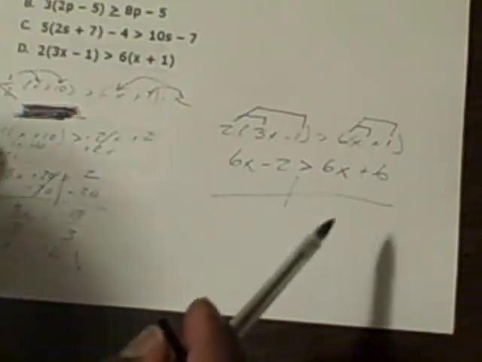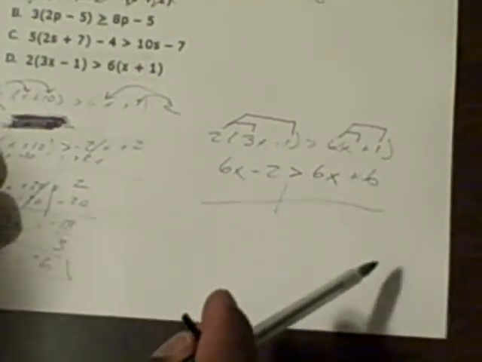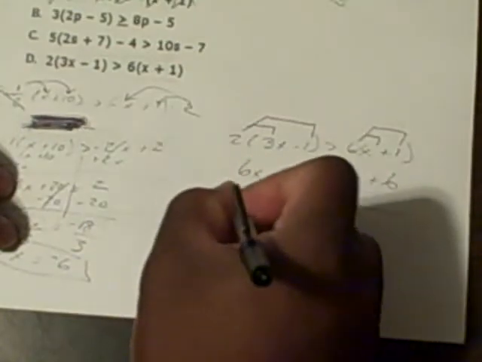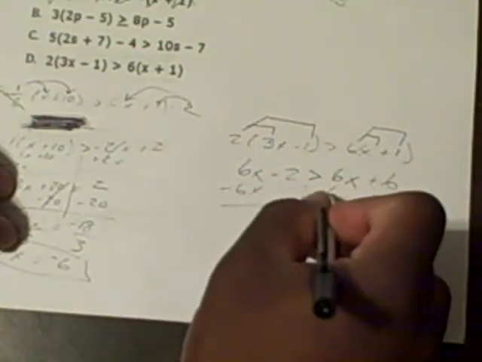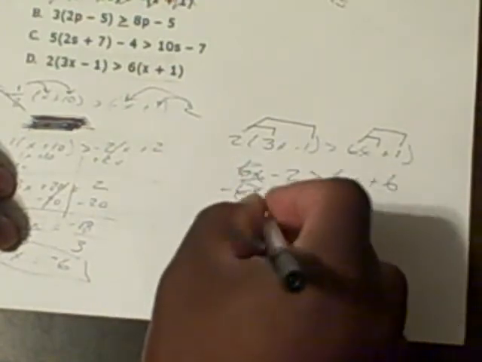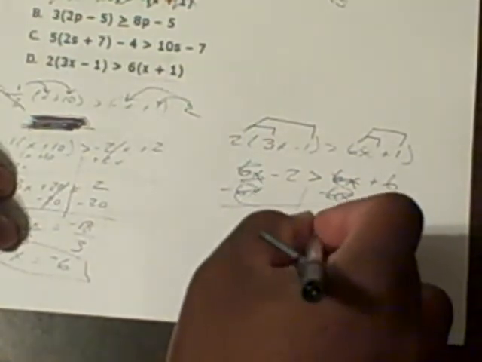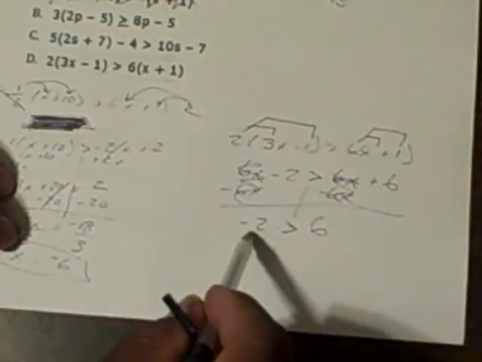You're already thinking what I'm thinking. Well, neither one of these are smaller. And so you can subtract them on both sides. When you subtract them on both sides, they both cancel. And you have negative 2 is greater than positive 6. Is this statement true?